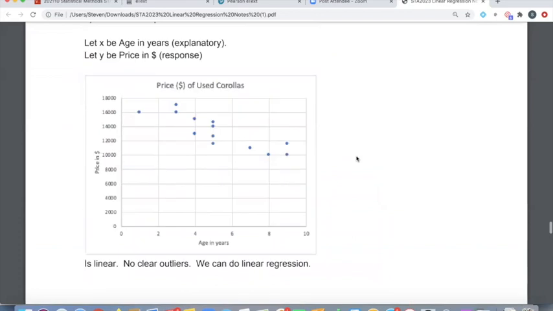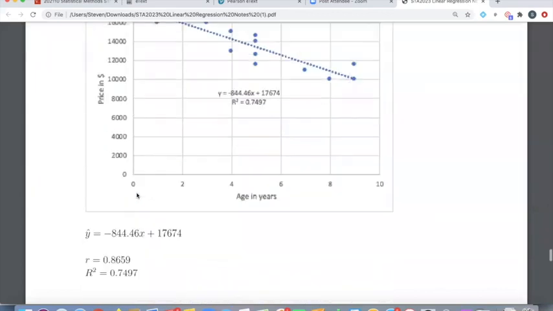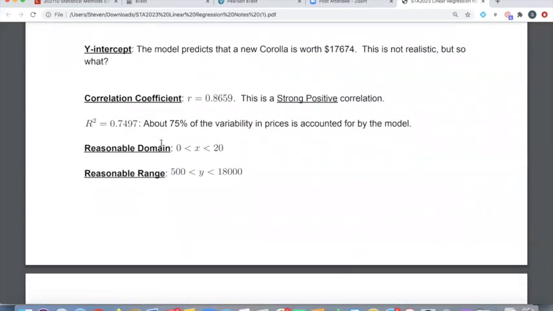Our data here was from like 1 to 9. So we can make predictions a little bit outside of that range of values. So I said here, x's are probably between 0 and 20. Once you get to 30 years old, your car becomes a classic and starts going up in value instead of down, right? Once it becomes an antique. I don't know what the year is for antique, but at some point your price will go back up.